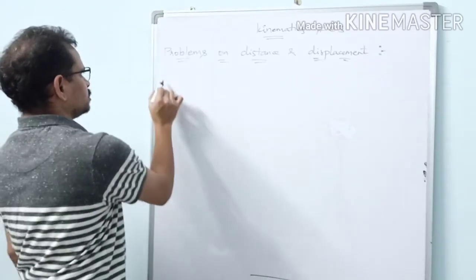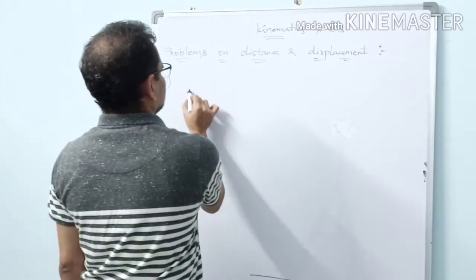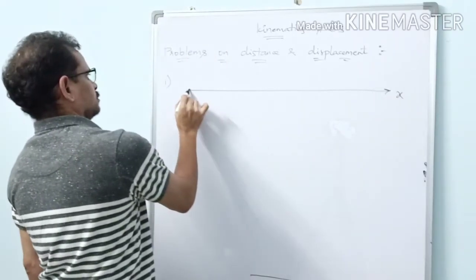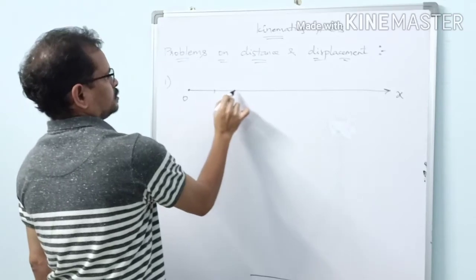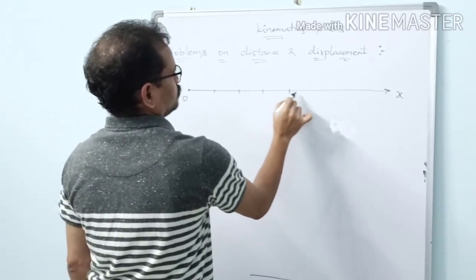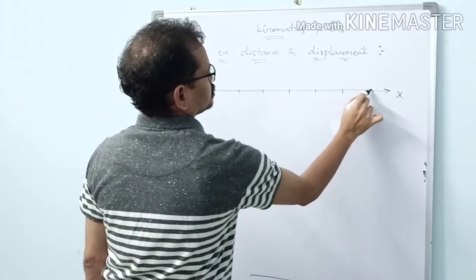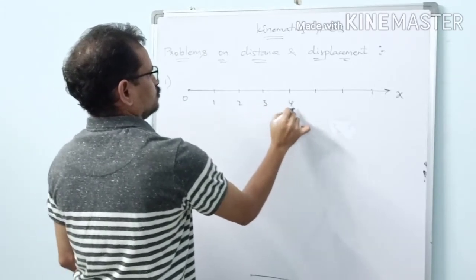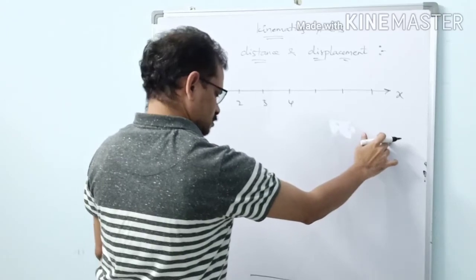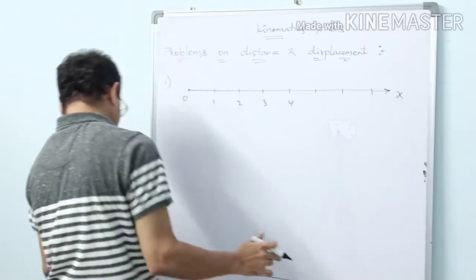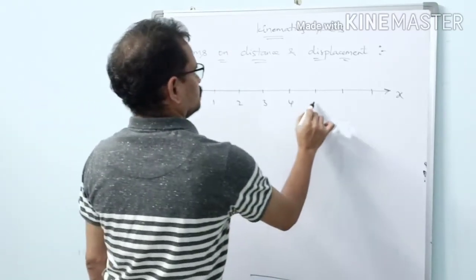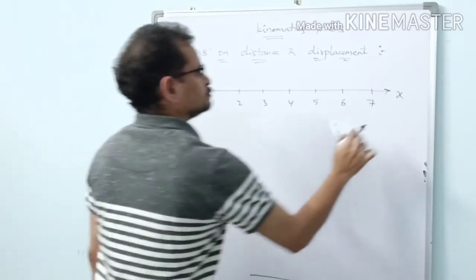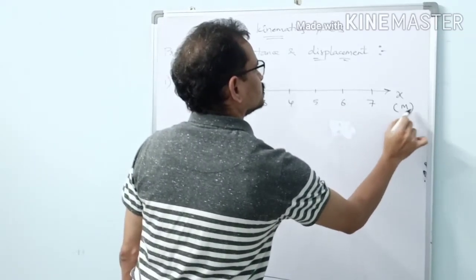First example, let us consider. This is the x-axis, this is the origin, 1, 2, 3, 4, 5, 6, 7. Suppose the units are meters in this direction.